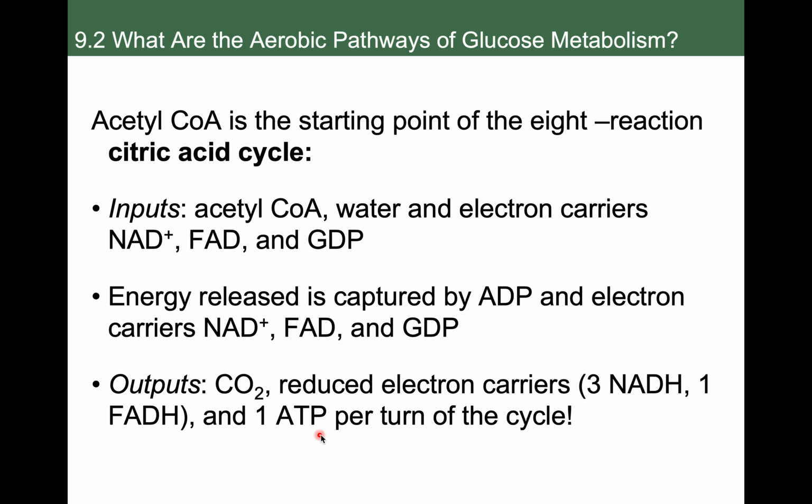Well, we're going to get 1 ATP from each acetyl-CoA that we feed in, and we're going to get a bunch of reduced electron carriers, so 3 NADHs, and we're going to get another reduced electron carrier called FADH, which is just a close relative of NADH, carries slightly less energy, but same basic idea. So we get 1 ATP, 3 NADH, 1 FADH, and we're also going to get some CO2 out, as you'll see in the cartoon here.